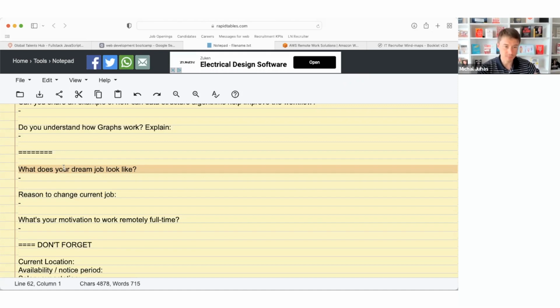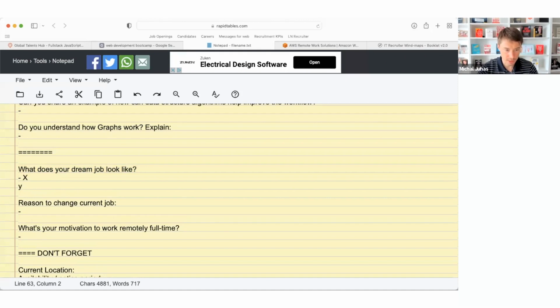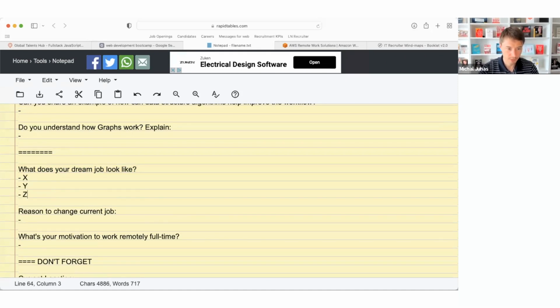But the beauty is that after the candidate says X, Y, and Z, then you can just highlight some of the issues. For example, tick the box, or say it matches, there is a match with Y, match with Z. So you can just say, oh, thanks for letting me know about your dream job.